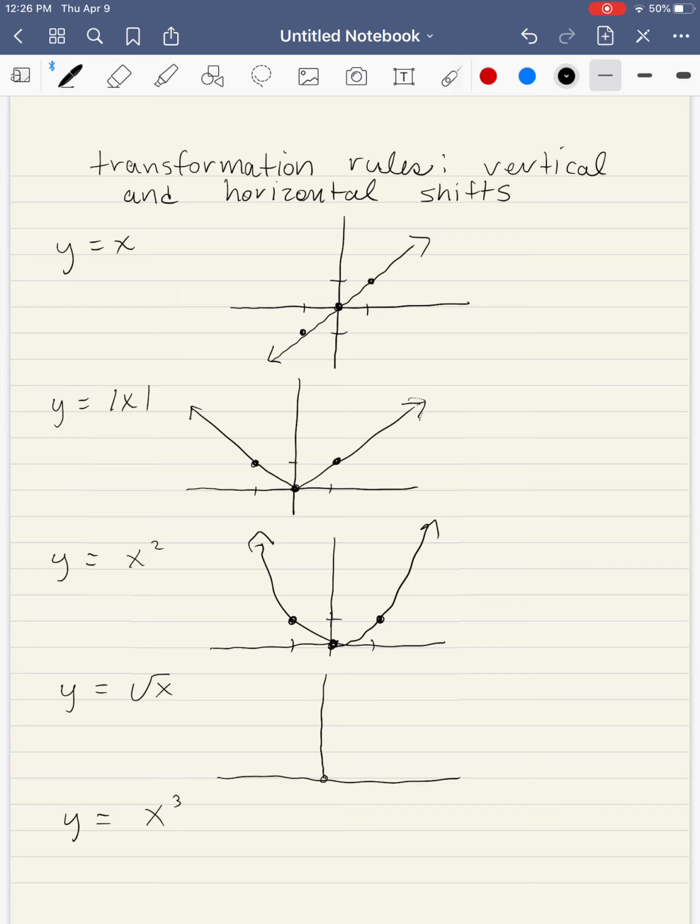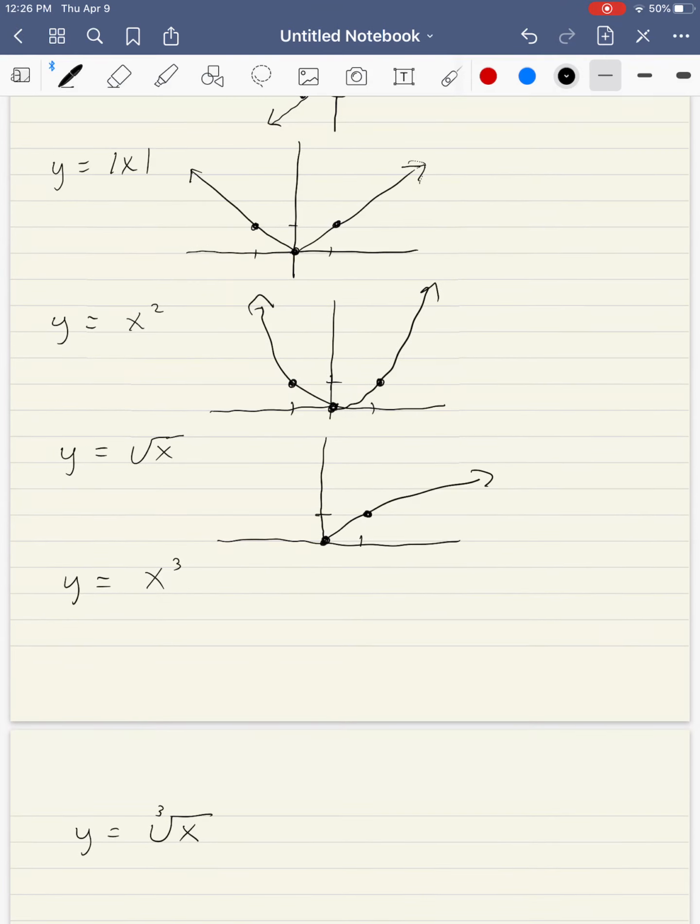And then on the square root, we have 0, 0. The square root of 0 is 0. The square root of 1 is 1. And we cannot do the square root of negative 1 in the real number world, which is what we're in when we're doing graphs. So we don't have that point over there on the left, and we know from memory that our shape looks like this.